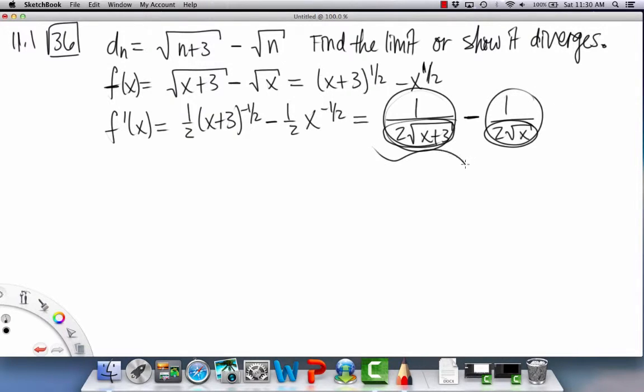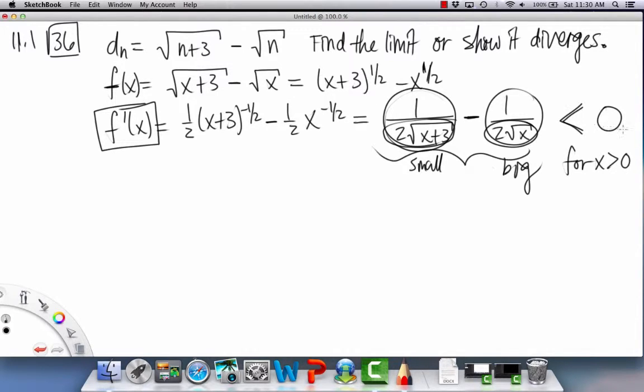So a small number minus a bigger number is going to be negative, which is less than 0, right? So that means that for all x greater than 0, we're guaranteed that the first derivative, f prime of x, is less than 0. So it's going to be decreasing.